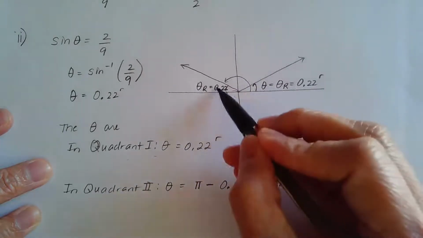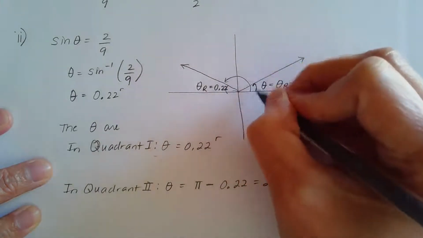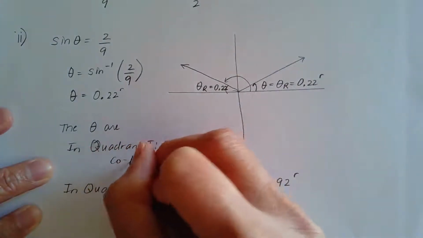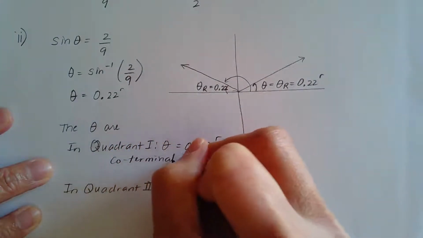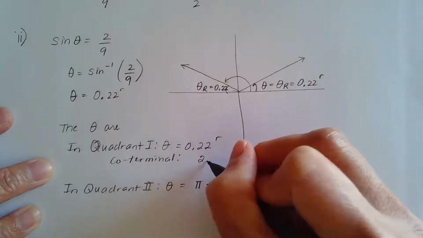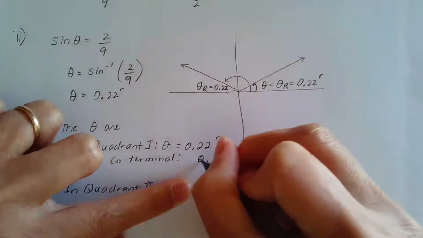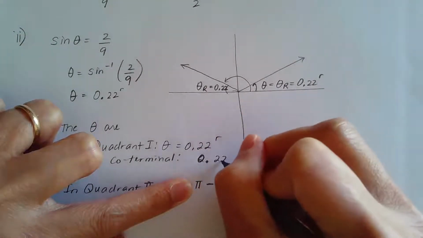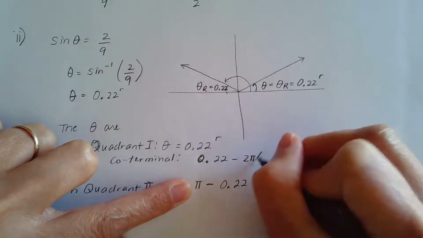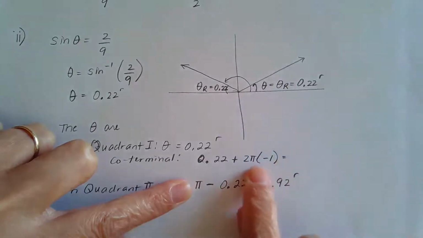And then the other way, if we go to negative 2 pi, what would be the coterminal if we turn around the other way? So coterminal would be 0.22 plus 2 pi times negative 1.